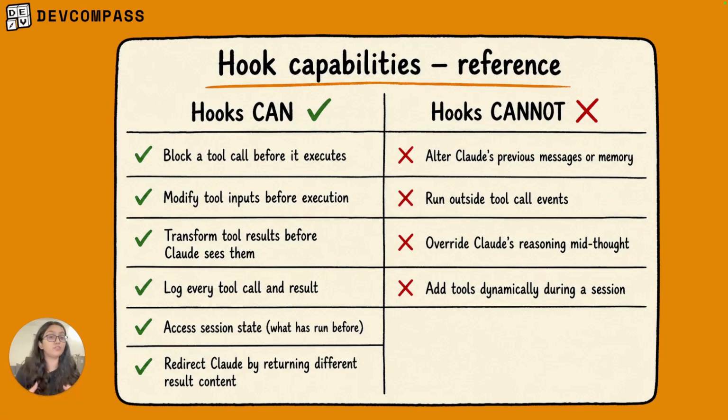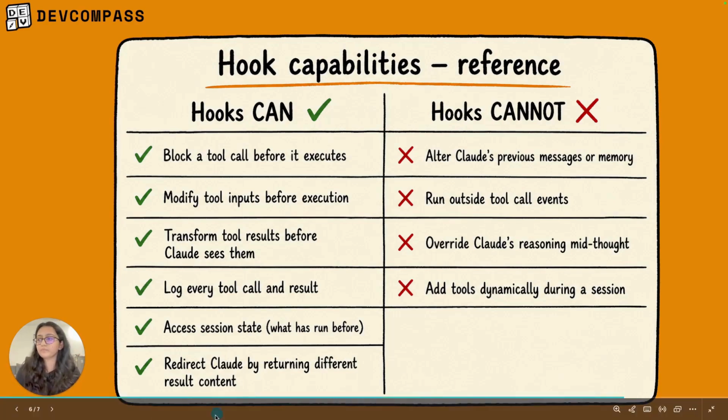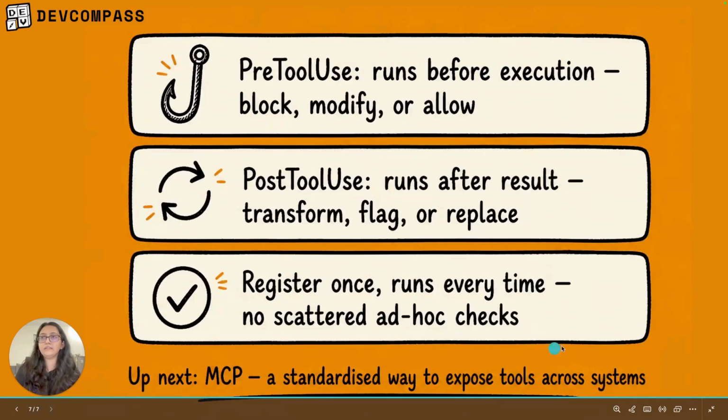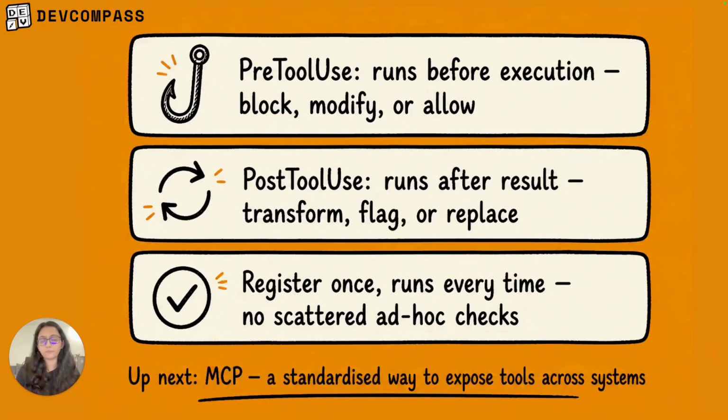And for that you have to remember the diagram that I showed a few slides ago. So that's it. In this video we talked about PreToolUse, which runs before execution, PostToolUse, which runs after the result, and most importantly that you register hooks once and they run every time. There are no scattered ad hoc checks.